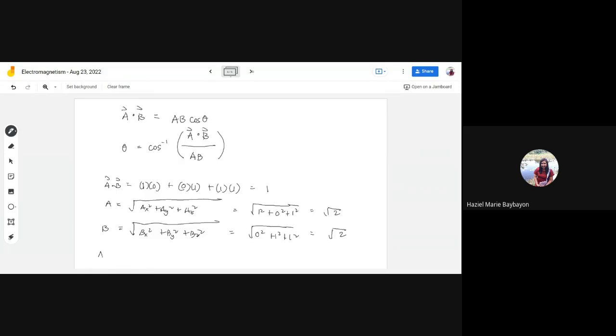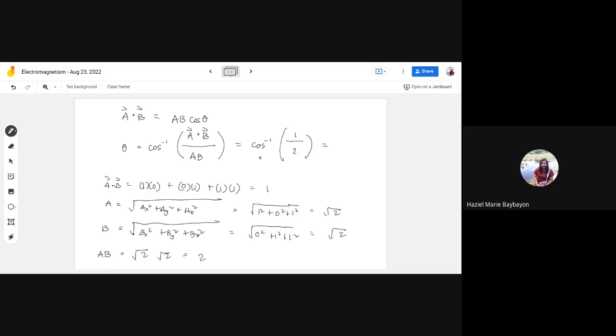Therefore, when we multiply A times B, we will get the square root of 2 multiplied by the square root of 2. This is equal to 2. Okay? So let us go back to this equation. We have cosine inverse of, what is this one? A dot B is 1. And then A times B is equal to 2.